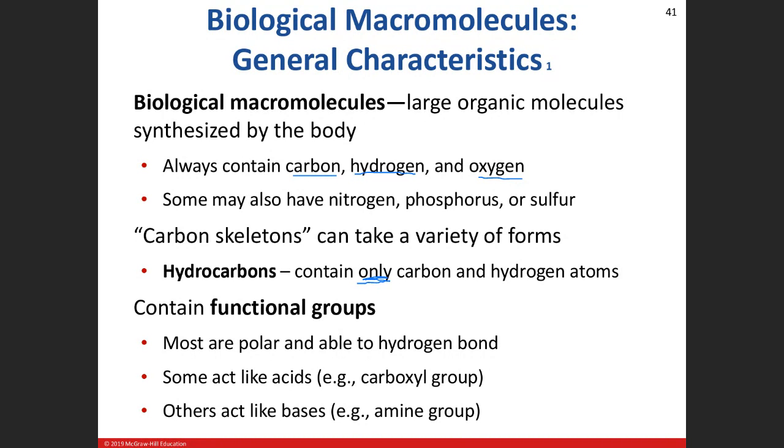A lot of them will be polar. Some of these functional groups can also act like acids. If they act like an acid, we give them the nomenclature of a carboxyl group. And some of those functional groups will act as bases, and usually that's because they contain a nitrogen in that group, and we call those amine groups. We'll discuss that here in a little bit.